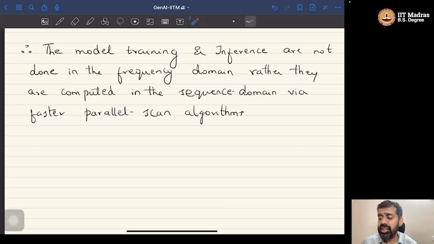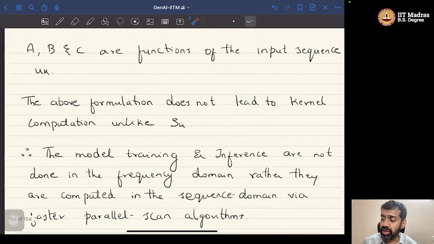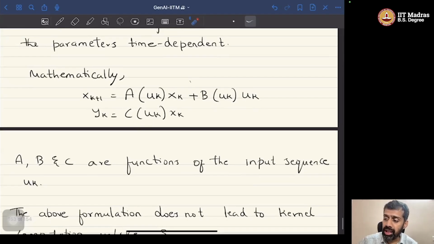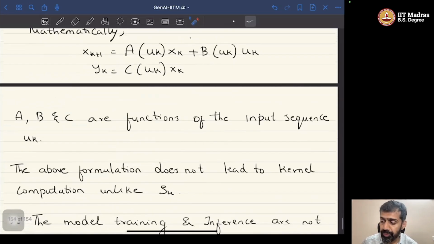So the fundamental difference between S4 or other state space models and Mamba is that in Mamba, the parameters of the state space model A, B and C are made a function of time, and this enables several tasks that were not possible with the conventional state space models.